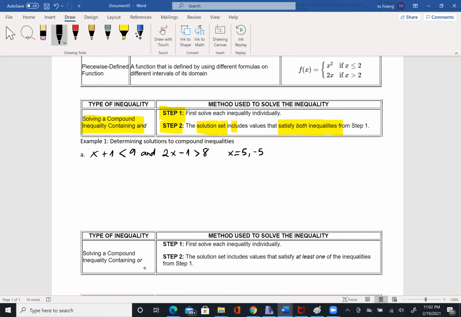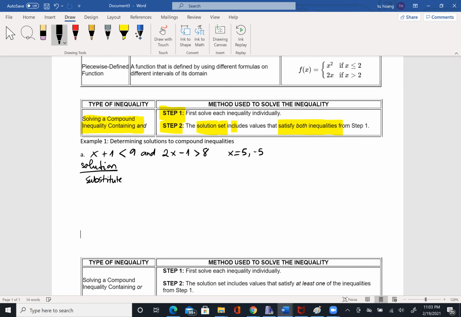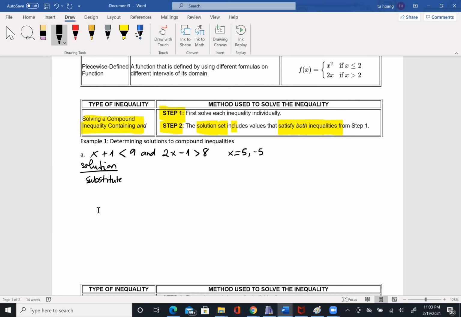Okay, so let's do a solution for this. Let's substitute x equal to 5 into the compound inequality.